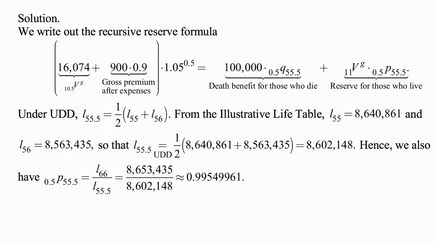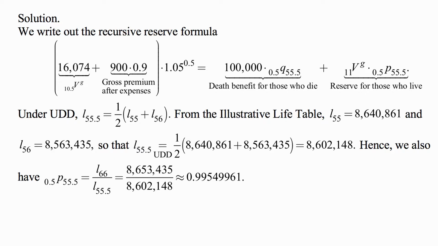After 10% expenses are taken out, that's accumulated at 5% effective annual rate over half a year, and that gives us the death benefit for those who die. The probability of dying is 0.5q55.5 times 100,000 for the expected payout for those who die, and the rest is the reserve at policy duration 11, but only for those who live, so multiplied by 0.5p55.5.